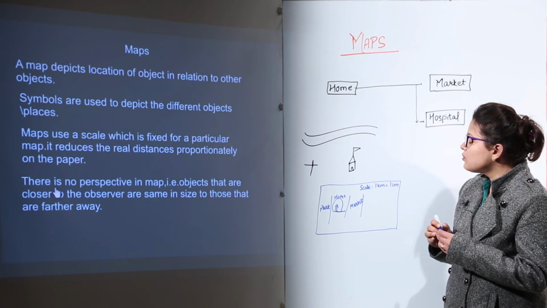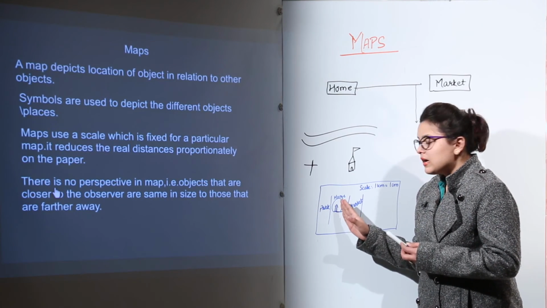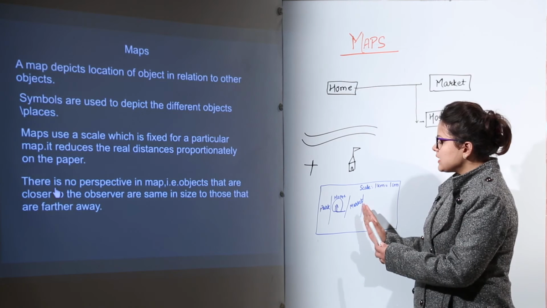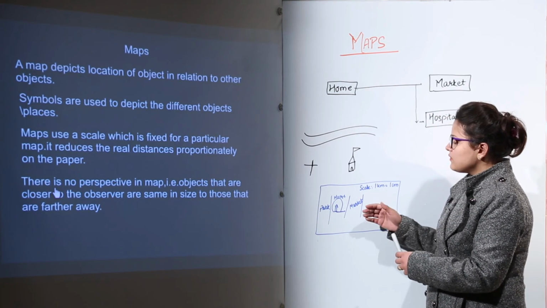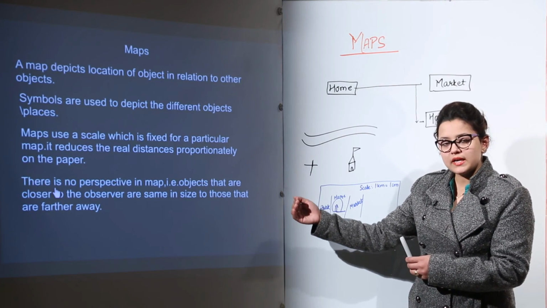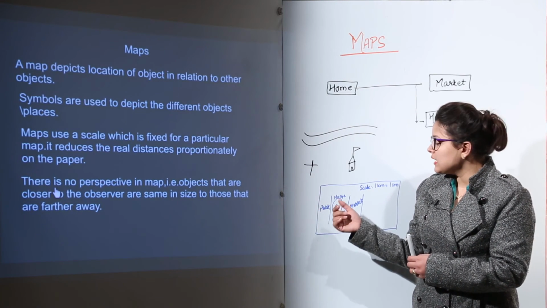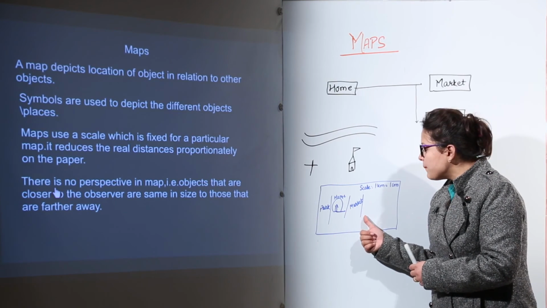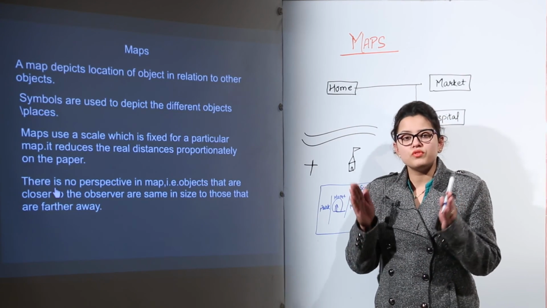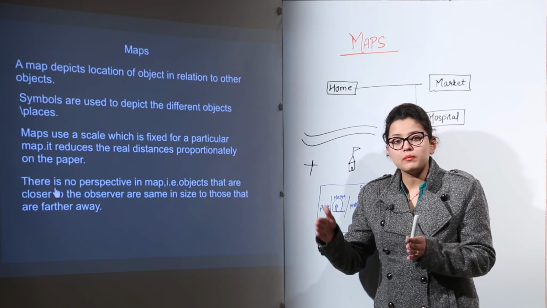Now there is no such perspective that according to me, if I look at this, the park is on the left and the market is on the right. If someone else looks at it from that side, the person would tell us that the home is behind the park and before the market. So there is no such view or perspective going to come into place.